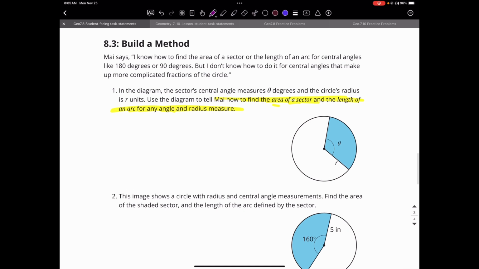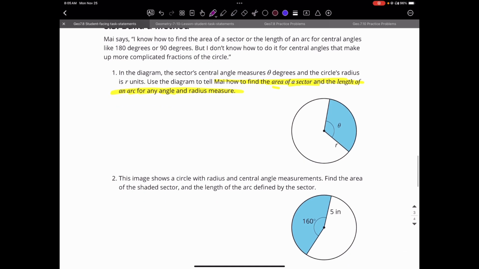May says, I know how to find the area of a sector or the length of an arc for central angles like 180 degrees or 90 degrees, but I don't know how to do it for central angles that make up more complicated fractions of a circle. In this diagram, the sector's central angle measures theta degrees and the circle's radius is R units.